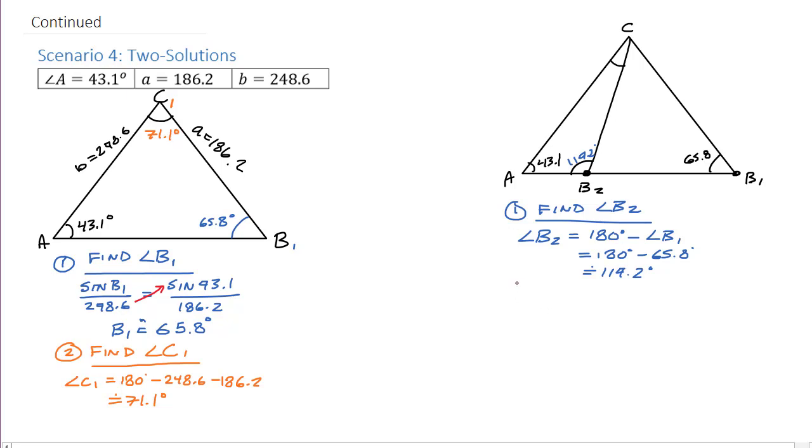Let's go over to our other triangle. In the last scenario, when we found angle C2, we got a negative number, which meant that angle couldn't exist and that triangle couldn't exist. In this case, we shouldn't get a negative. So let's call this angle C2 up here. C2 is equal to 180 minus the other two angles, minus 43.1, minus 114.2.